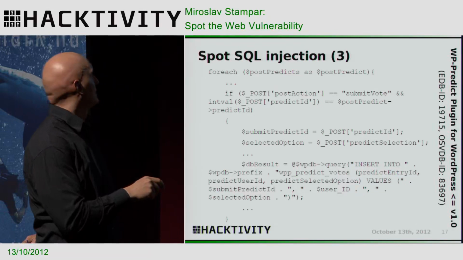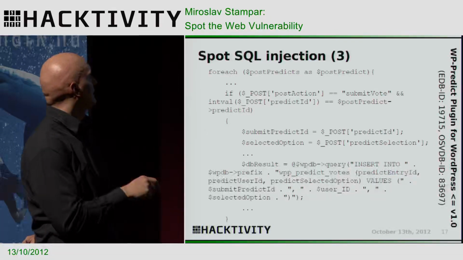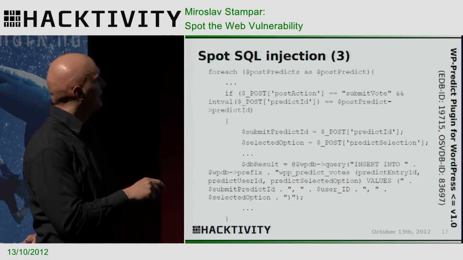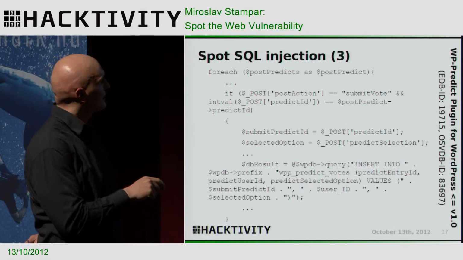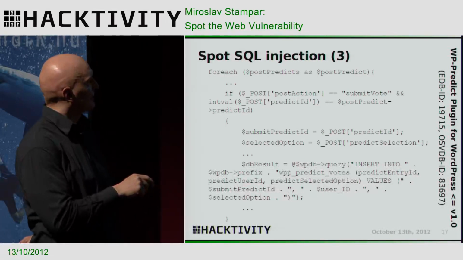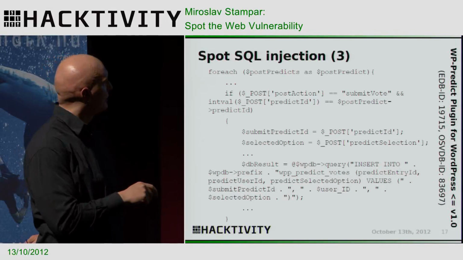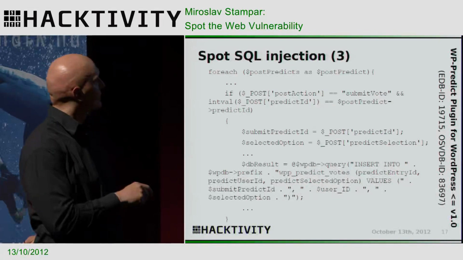It is just a second one. Not the predict ID, but the predict selection. You can see that the predict selection is taken from the POST request parameter values, put inside the local variable select option, and just used unfiltered here in the selection options.